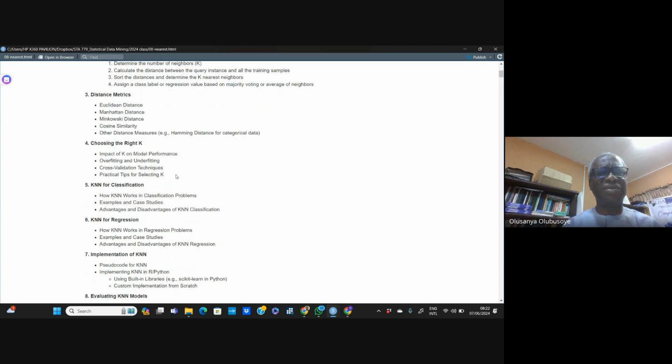Most critical situation, most crucial aspect of the K nearest is choosing the right K. So it's not automatic. So you need to search for the optimal K.